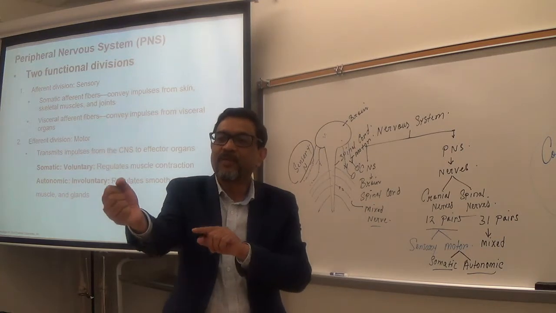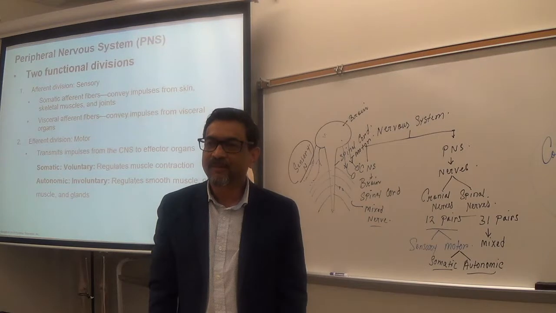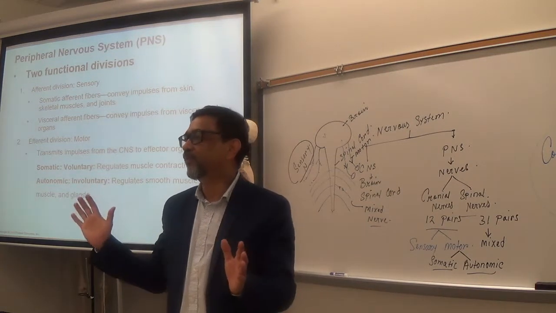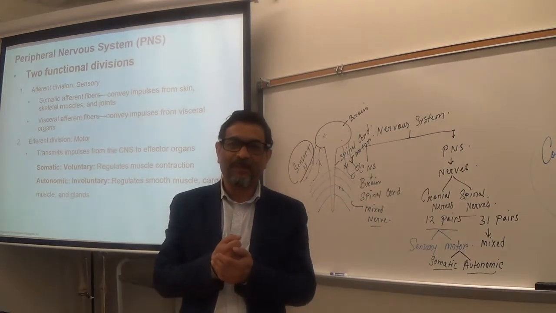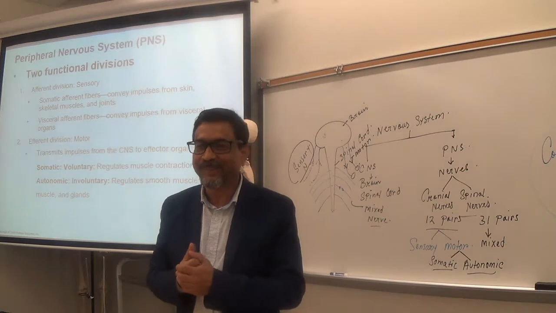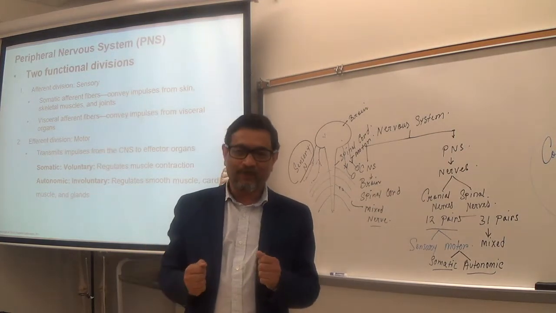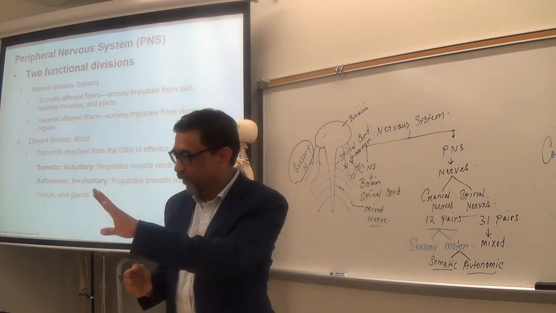Now, if you decide that I don't want to move my hand away, can you do that? You can actually. If you decide that I don't care, it burns my skin, you can do that, right? So you have that control. Your brain sends a signal to the muscle, but you can control it.